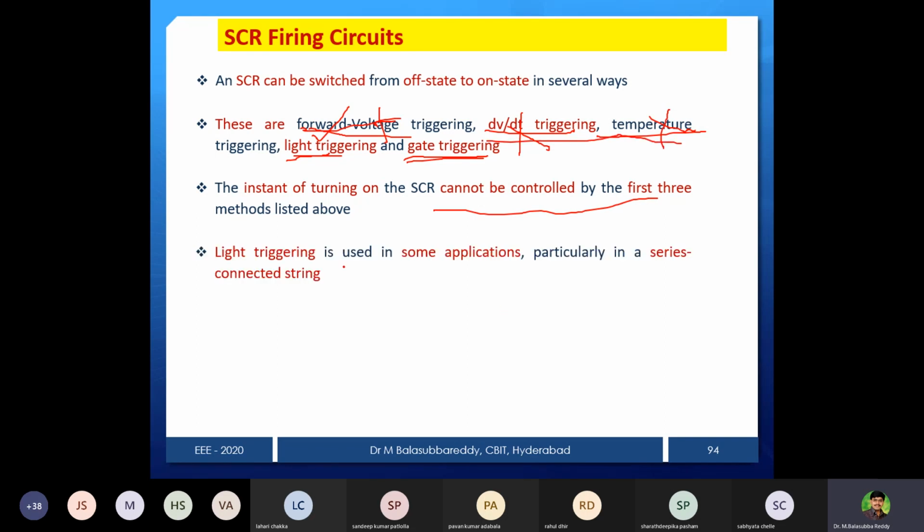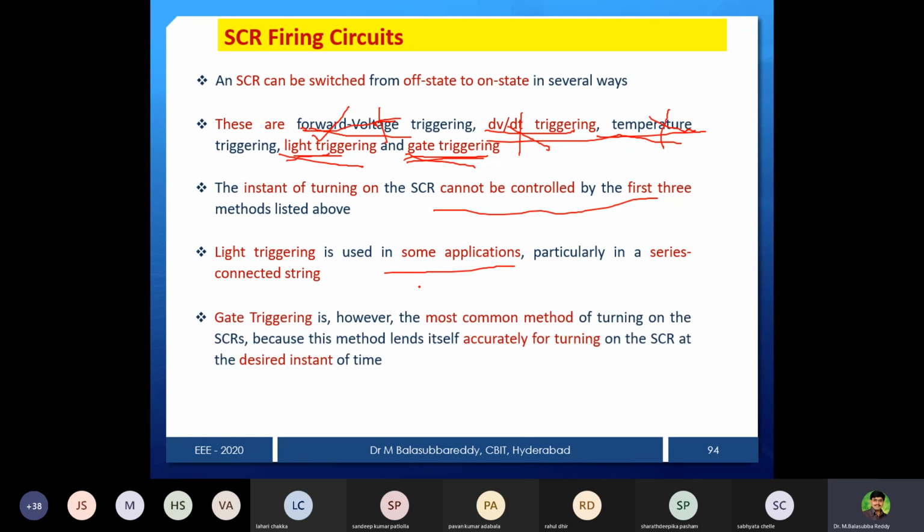The only requirement is either light triggering or gate triggering. Light triggering is used in some applications, particularly in series connected strings, and gate triggering is the most common method to turn on the SCR.